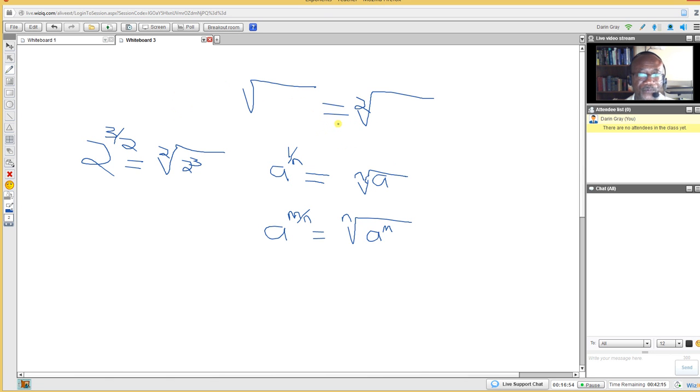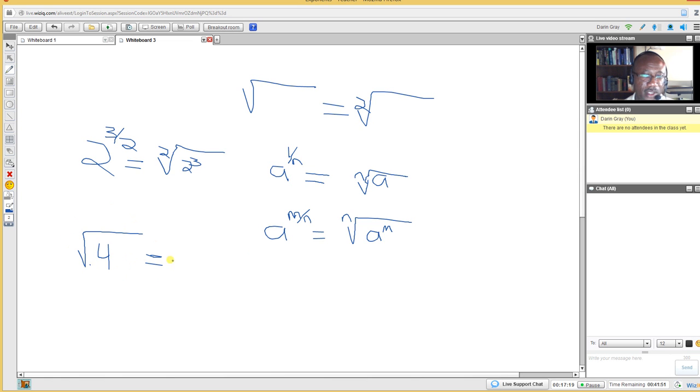There we go. So what does this mean? Well, the square root of something is the value of a number multiplied by itself, what we would get if we reverse that process.